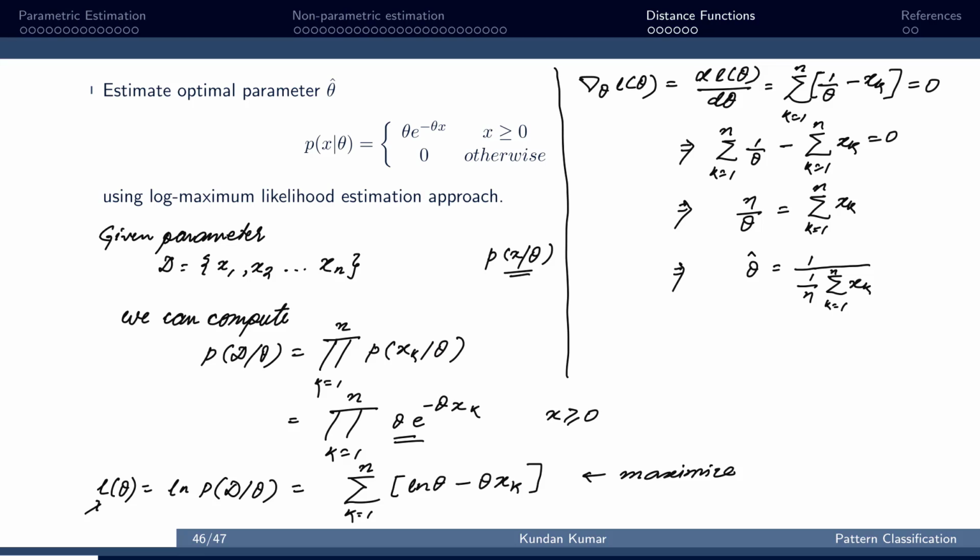So here the denominator is basically the mean of the sample values. So we can write estimated theta is 1 by the sample mean. So this is our solution. Okay.